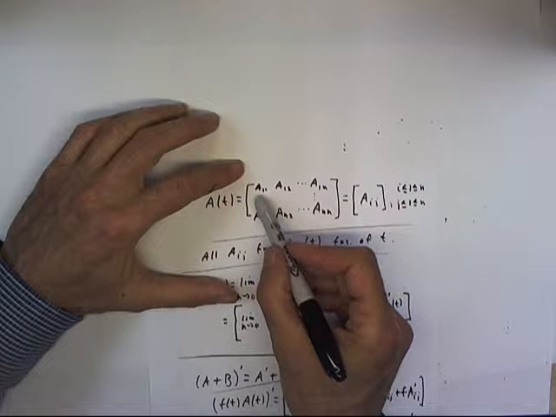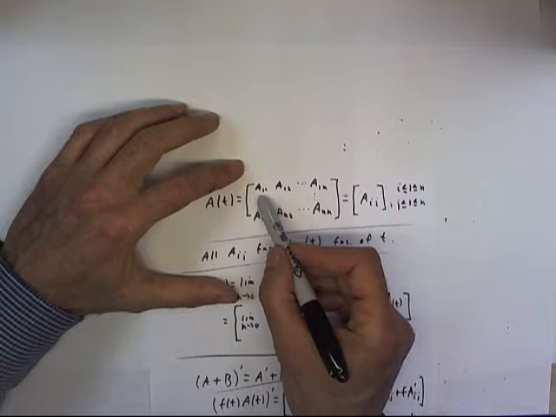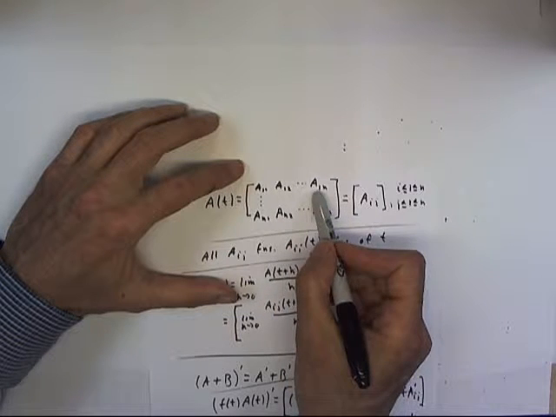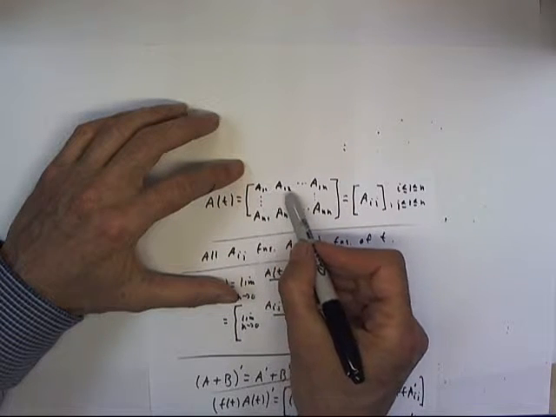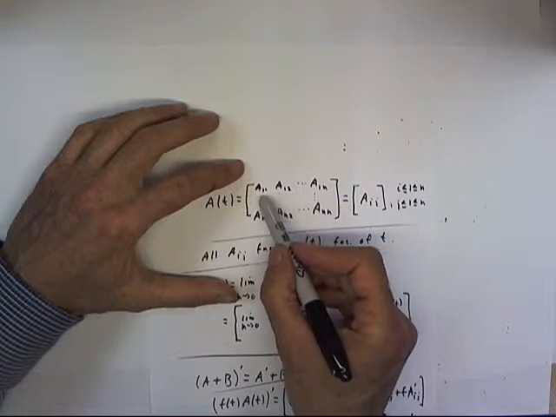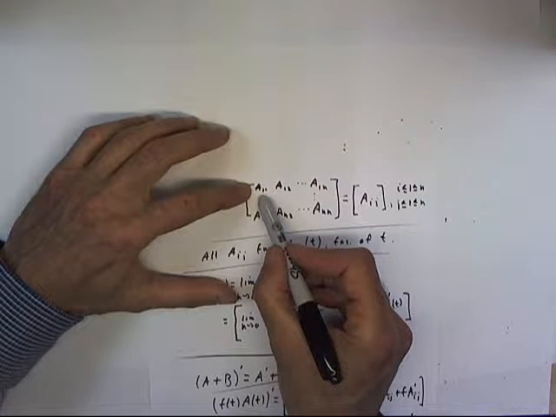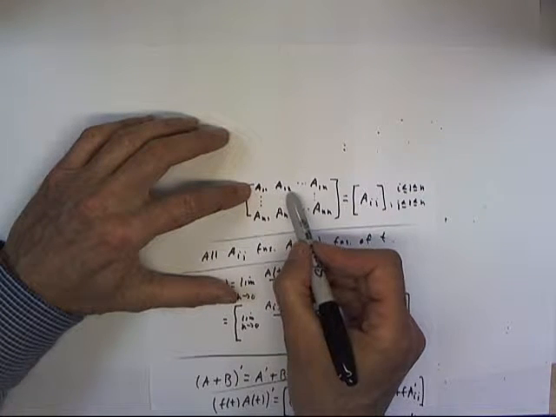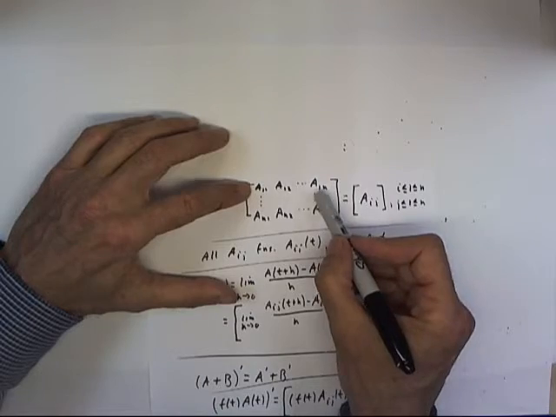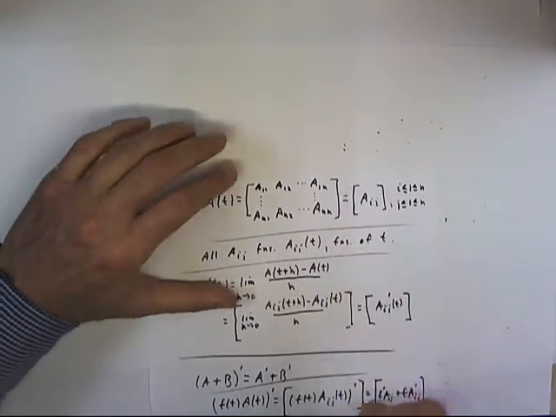We list the entries of each row by keeping the number of the row the same and changing the number of the column, so that the first row, first column is A11, first row, second column is A12, and the first row, nth column is A1n.